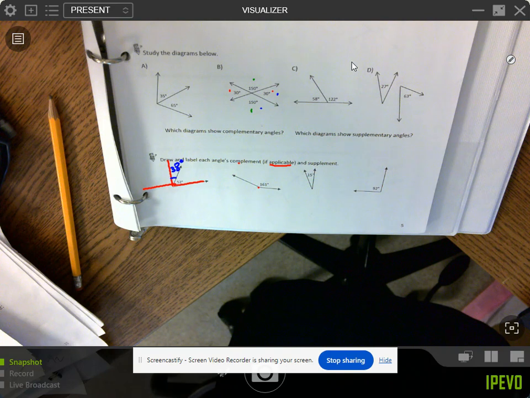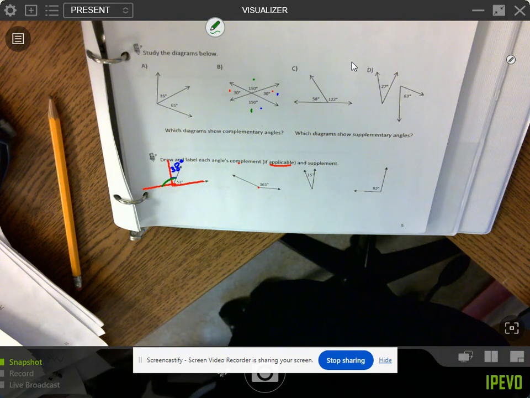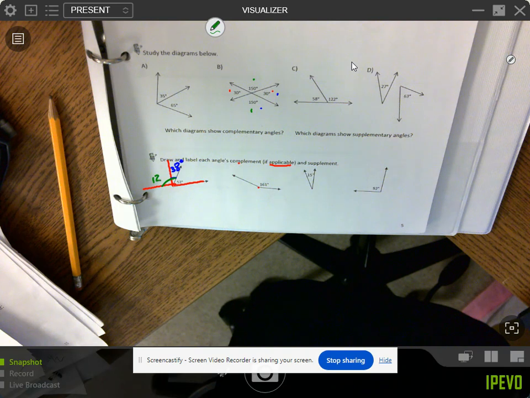Now I need to do my supplementary angle. If I have 52 degrees, what does my supplementary angle have to be? What do you think, Connor? 128. 180 minus 52 is 128 degrees. Notice how I put my angle measurements here.